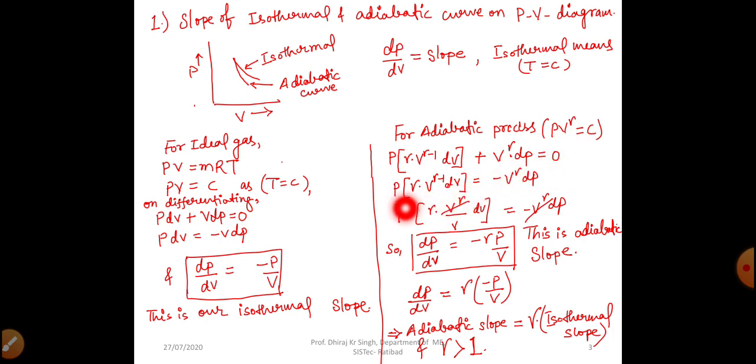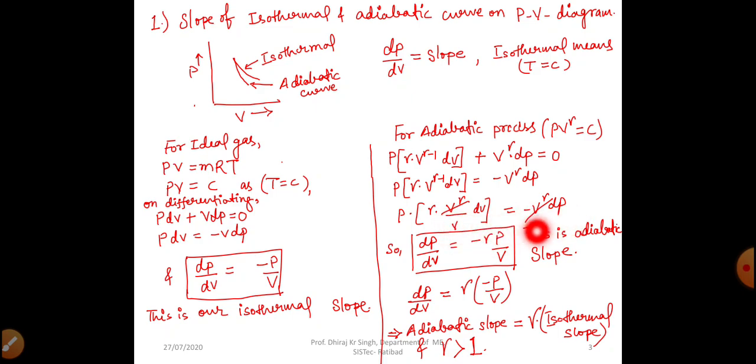Then we will arrange it. P into gamma dot V to the power gamma minus 1 dV, and we take V to the power gamma dP to the right hand side, so the sign will change. It becomes minus V to the power gamma dP. Then we arrange it again. P into gamma, and we write V to the power gamma minus 1 as V to the power gamma divided by V, dV equal to minus V to the power gamma dP.